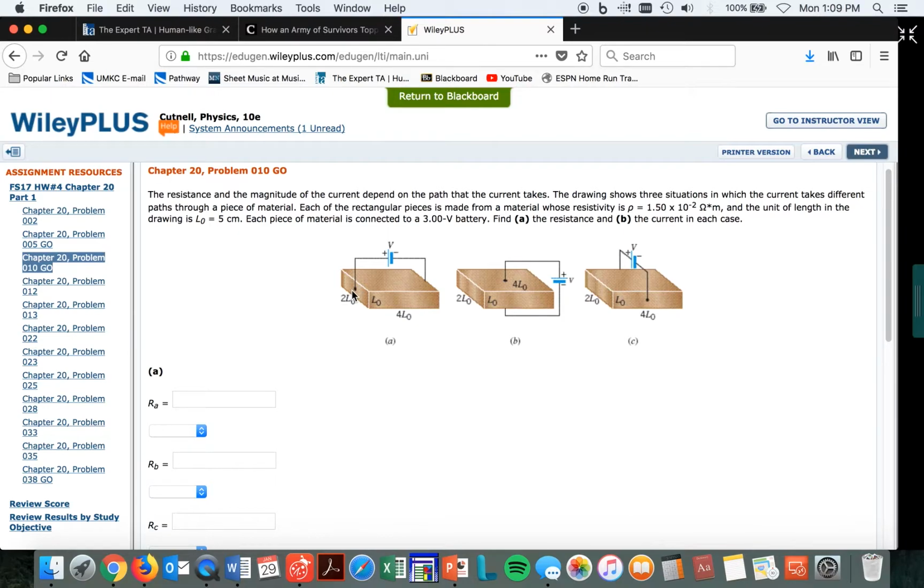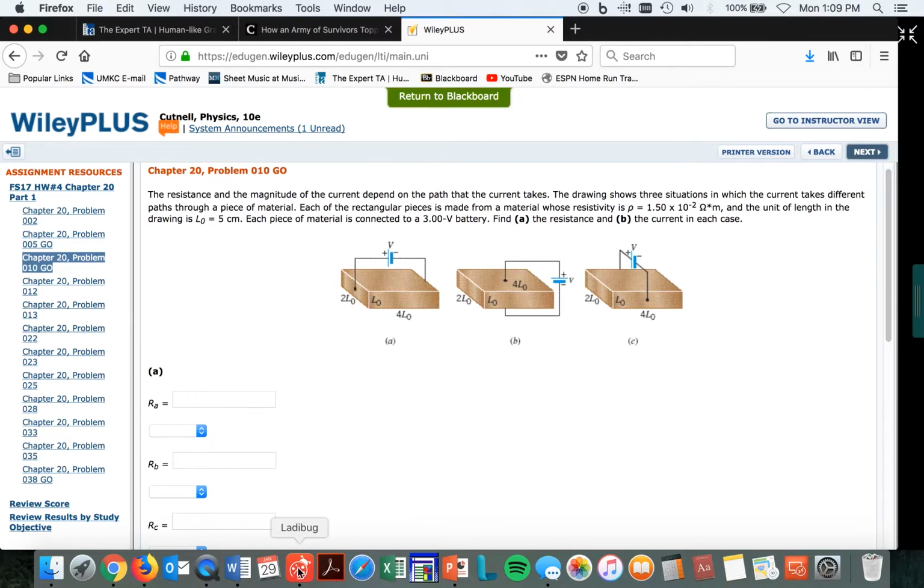So R is equal to the resistivity times 4L naught divided by 2L naught squared. So R is equal to rho times 4 over 2L naught, which is rho times 2 over L naught.